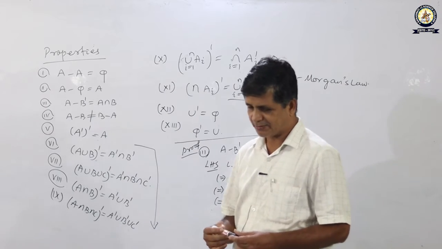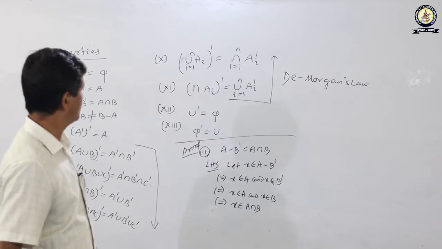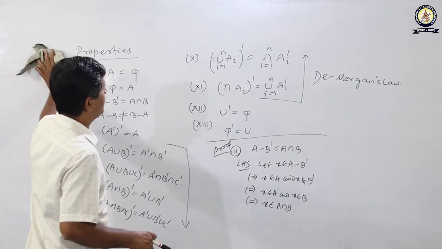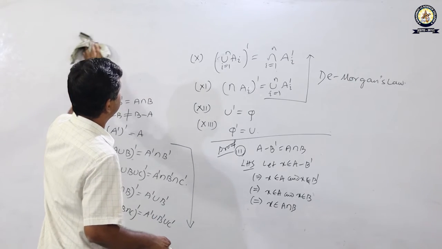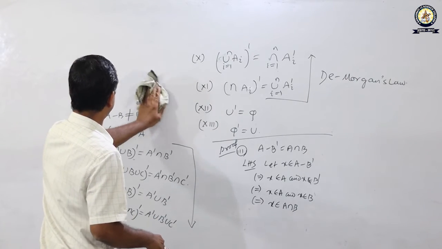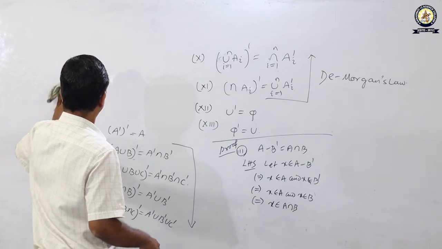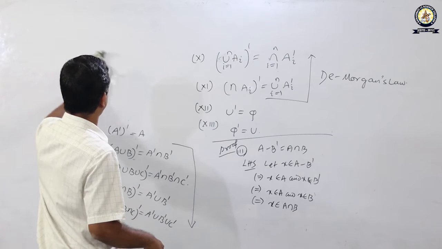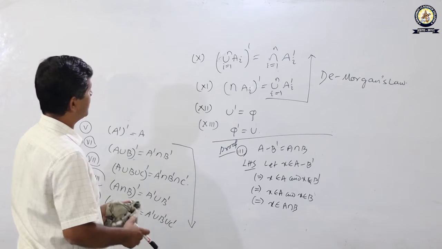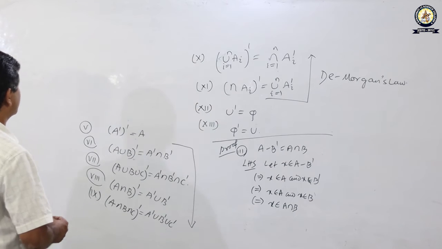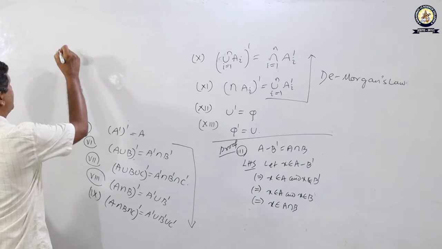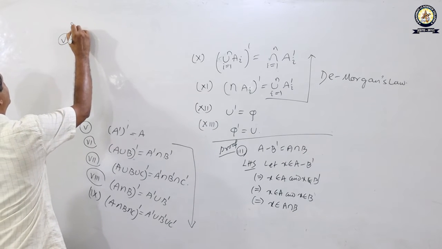Come to the next bit. Remember that in class 11, these parts are very important for us to prove in the exam. So we jump to the fifth bit, proof of the fifth bit.